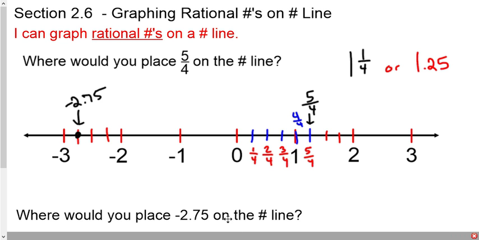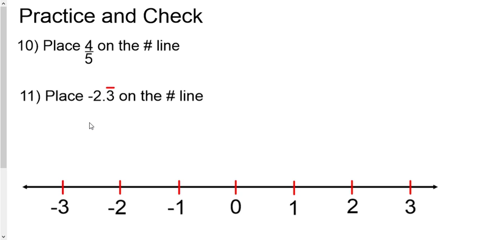If you wanted to convert that over into fractions, -2 and 3/4, you could do that, and it'd be -2 and 1/4, -2 and 2/4, -2 and 3/4 right there. If you wanted to make it into an improper fraction, you can do that too, because this would be -4 over 4, -8 over 4, -11 over 4. Go ahead and try this practice and check.